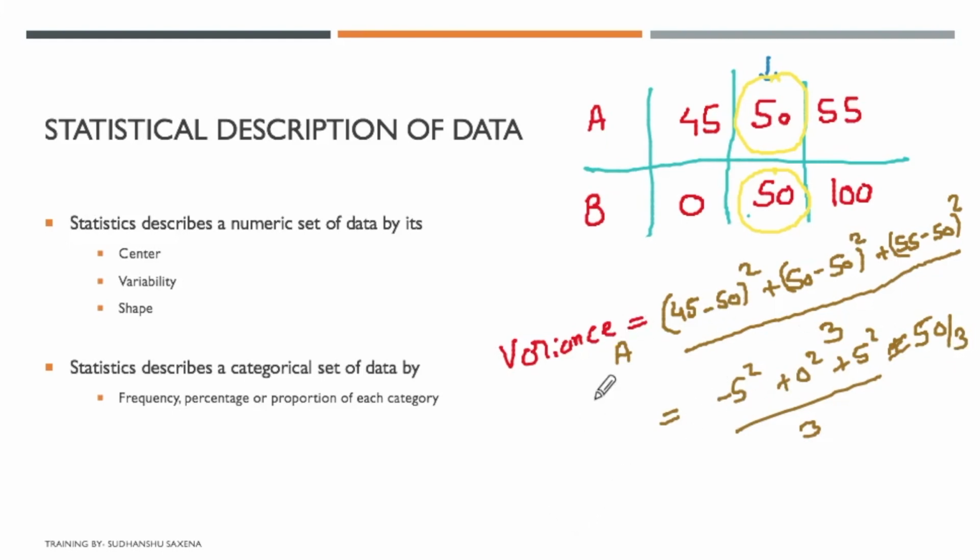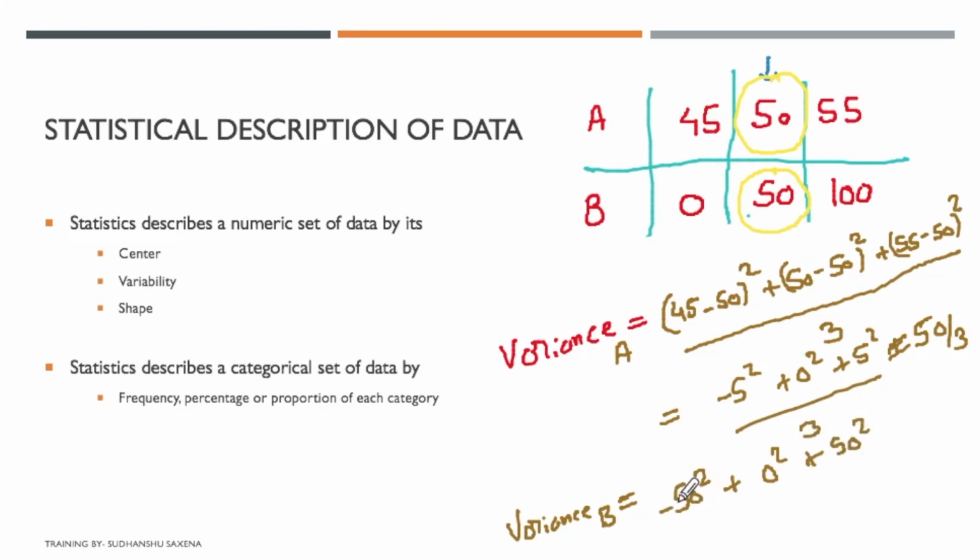Now the variance of B will be equal to 0 minus 50, which is minus 50 square, and 50 minus 50 is 0 square, and then 100 minus 50, which is again 50 square.